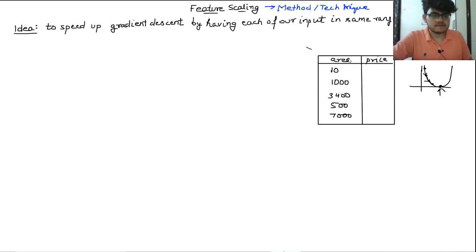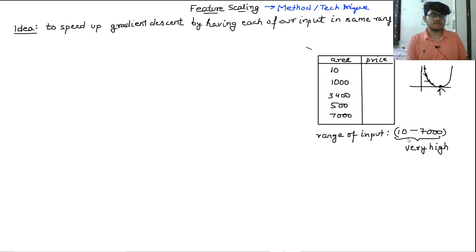Now if someone asks what is the range of input, the range of input in our case is from 10 to 7000. So this range is very high. You can see there are so many numbers in between.